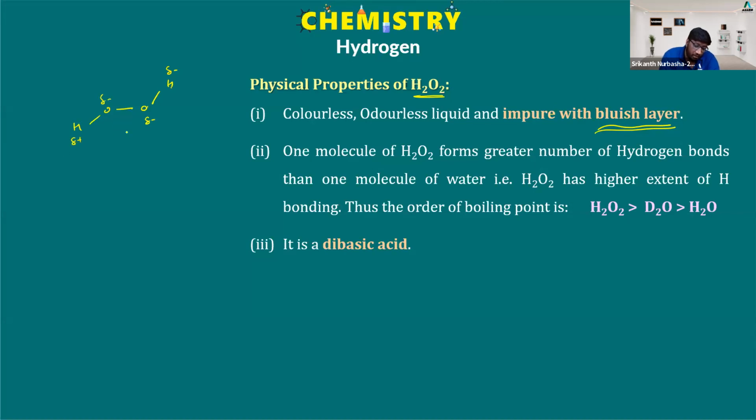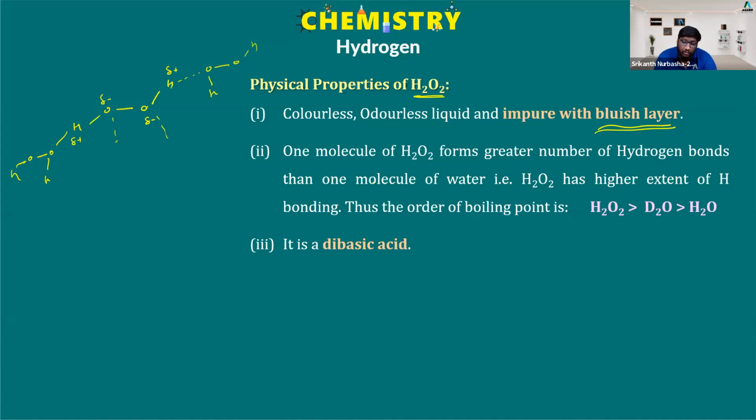One molecule of H2O2 forms a greater number of hydrogen bonds because two oxygens are there with partial negative and two hydrogens with partial positive. So they will be developing new electrostatic attractions with other H2O2 molecules because of more hydrogen bonding.